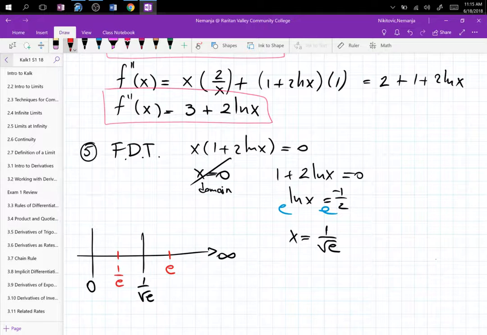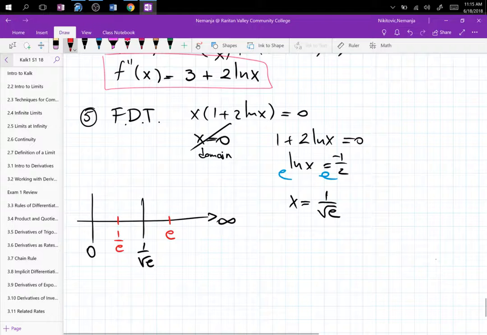So the denominator just became larger, because there are more people. So in this case, we are increasing the denominator. Now, clearly e is bigger than root e, so 1 over e is a smaller number than 1 over square root of e. I'm using that to find numbers that will be easy to compute in my first derivative.